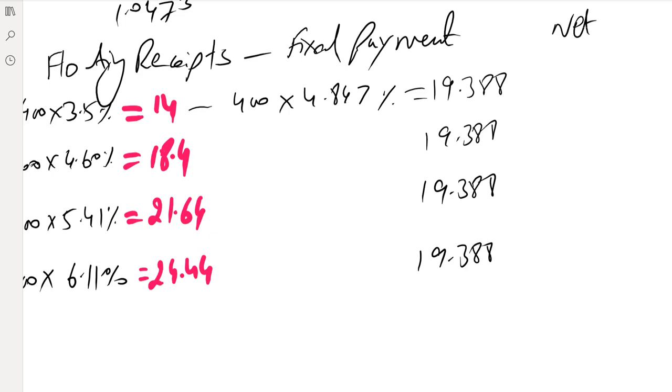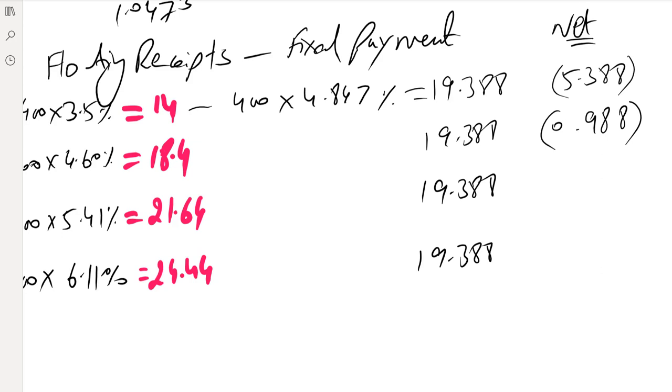So net payment in first year it will be negative 5.388 payment, and second year it will be negative 0.988.